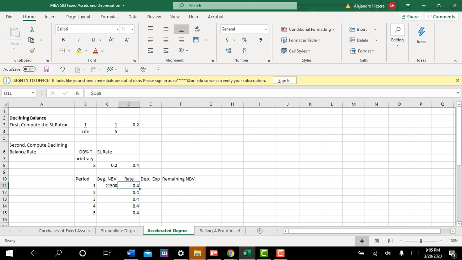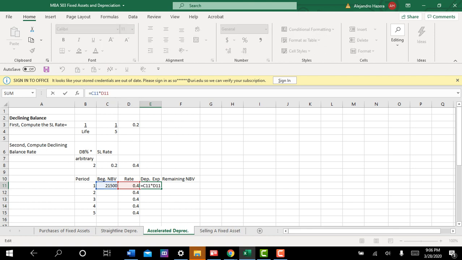Okay, so if you take your beginning net book value for that year, at year one it's 21.5, and multiply it times your depreciation rate, that will give you your depreciation expense for that particular year. So for year one, we're going to have depreciation expense of 8,600. Okay, and the remaining net book value, so I'll go ahead and just highlight those.